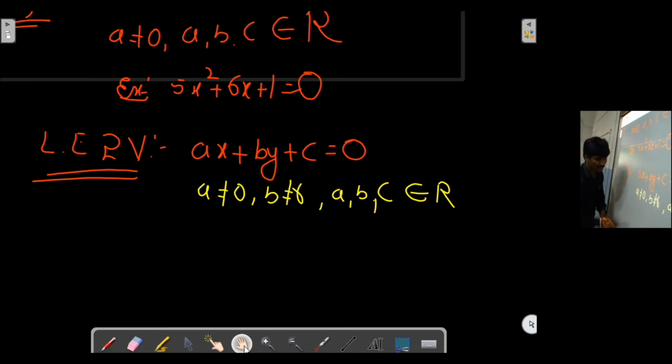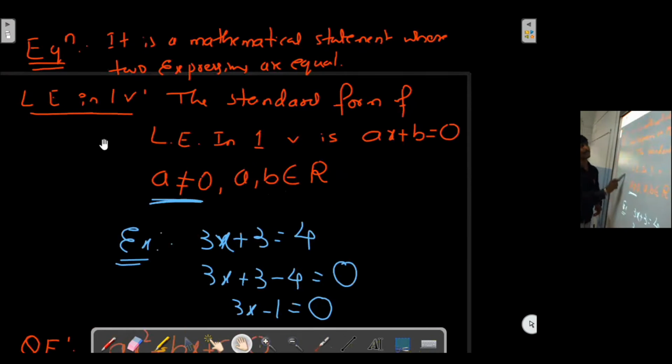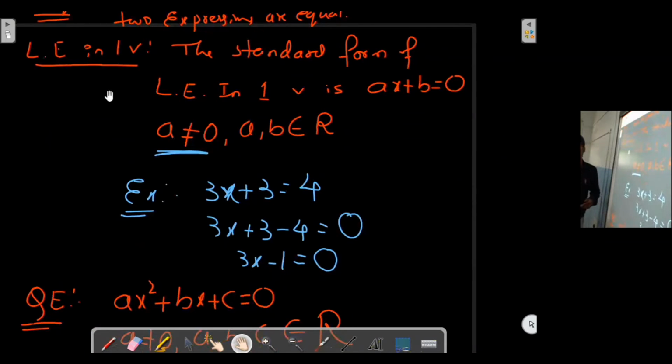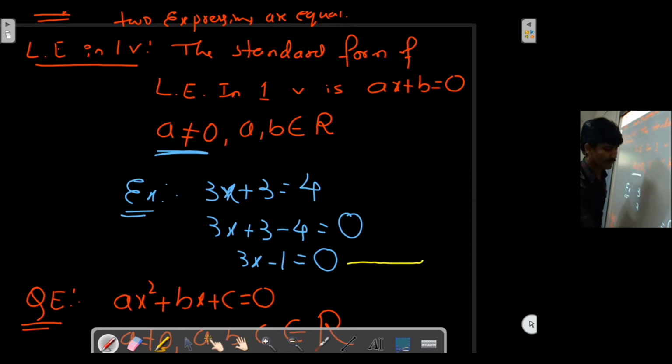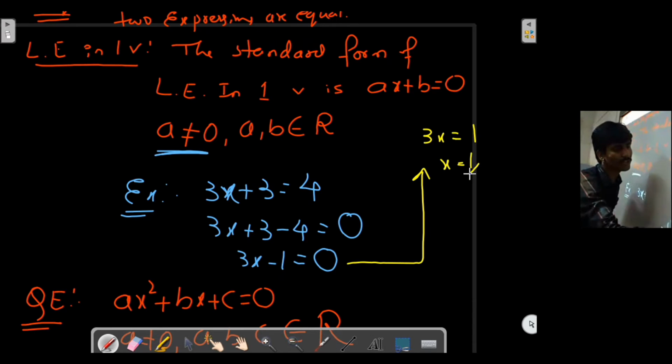Now once again I will come here, observe, in linear equation in one variable, for this question, how many solutions for this one? Only one solution. How are you telling? For only one value of x. What is the value of x here? You find it like this, see here, I will show you. So x is equal to 1 by 3.